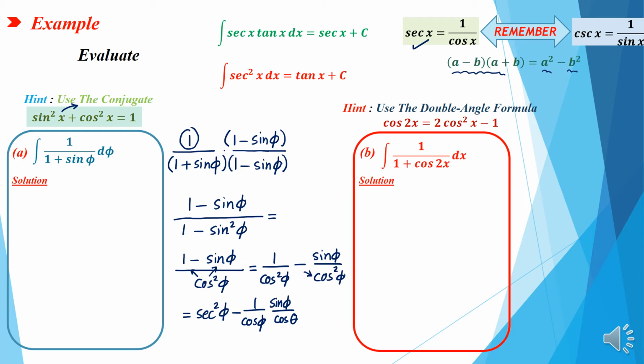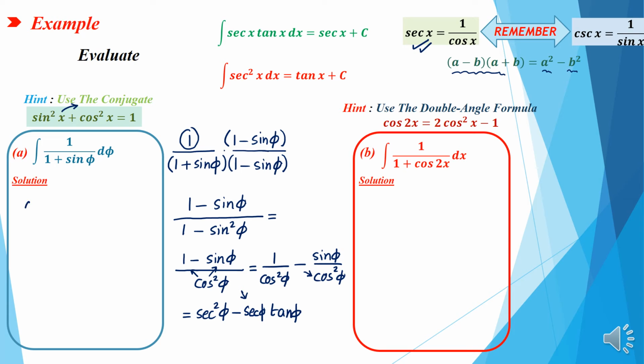Now you can replace 1 over cosine of phi as secant of phi, and as you know, sine divided by cosine is tan, so we can replace this rational function by tan of phi. Now our inside function is ready to integrate.